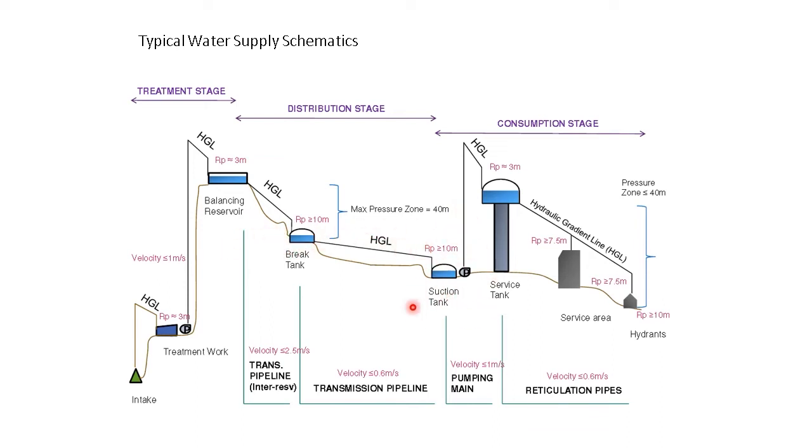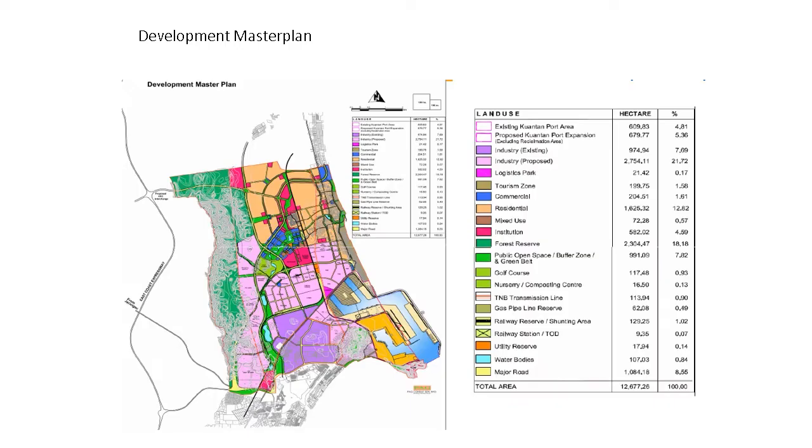Dia akan turun lagi kepada suction tank. And then dia akan pump up pergi kepada another tank kat sini untuk distribution which is the consumption stage. Kita dah nak consume bagi kepada pengguna. And this is the service area and then pergi pada fire hydrant lah, hydrant.